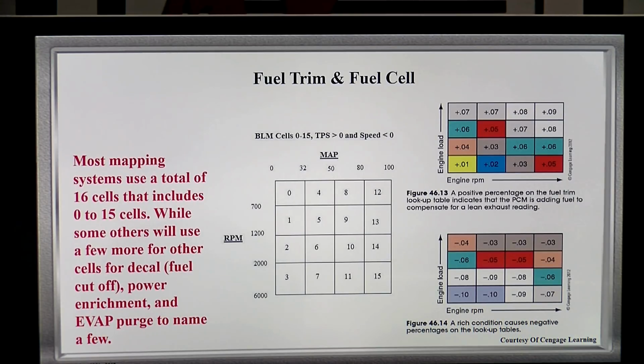So here in fuel trim, we use similar setups. And 0 to 15, a total of 16 cells, are quite common. And if you look at RPM and you look at map or load, you can see the difference here of how we add or subtract fuel by using a fuel trim cell.